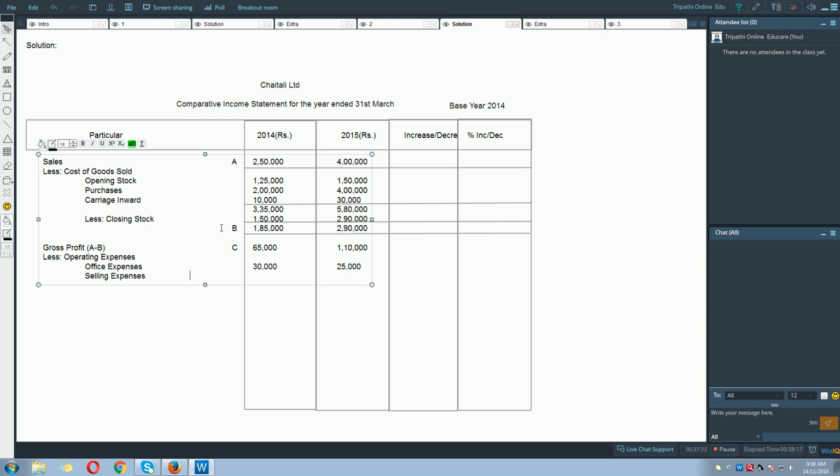And from this we will have to subtract operating expenses. And this first, office expenses, 30,000. And 25,000.